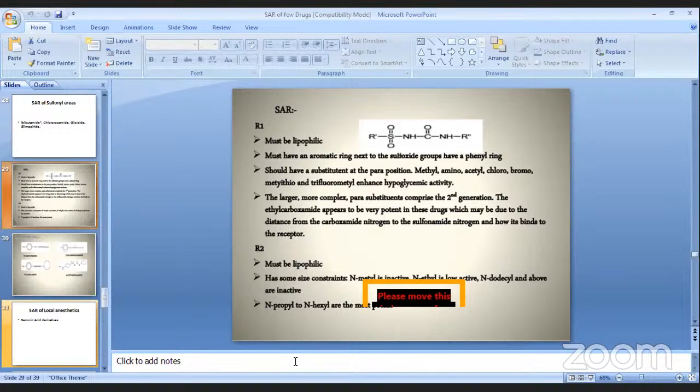But if you add only a methyl group, as in carbutamide, it is a very obsolete drug. It is not used at all nowadays. So these are the SAR of the sulfonylurea category of drugs.